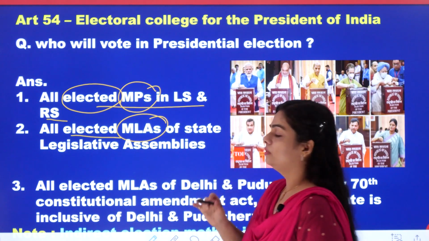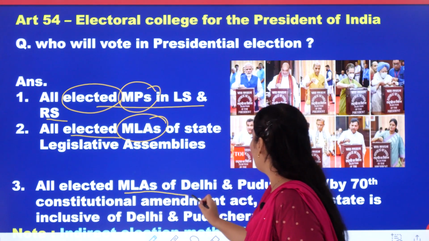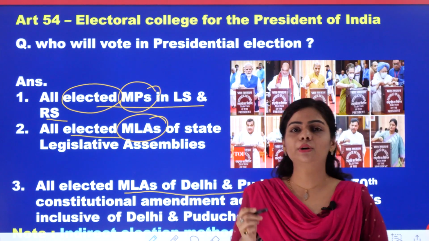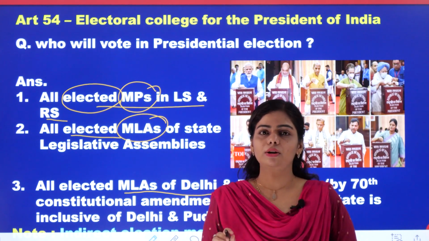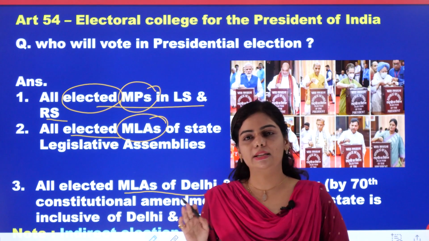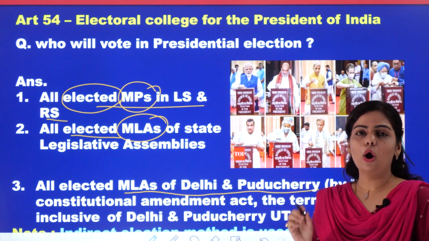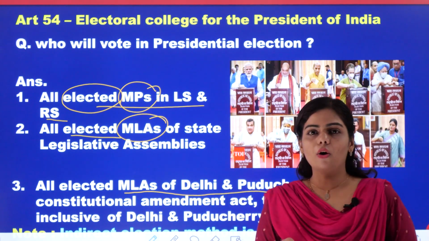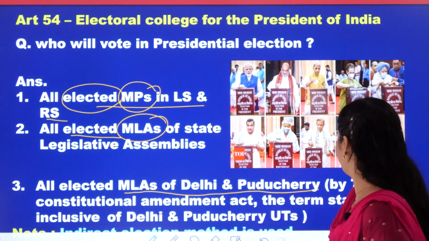Besides these, there is the third point, all elected MLAs of Delhi and Puducherry. So, there are two union territories, National Capital Territory of Delhi, NCT Delhi, and the next is Puducherry. So, all the MLAs of Delhi and Puducherry also take part in the presidential election.